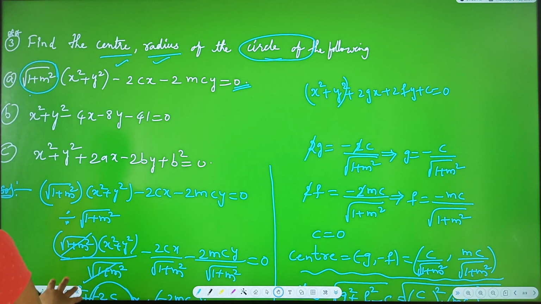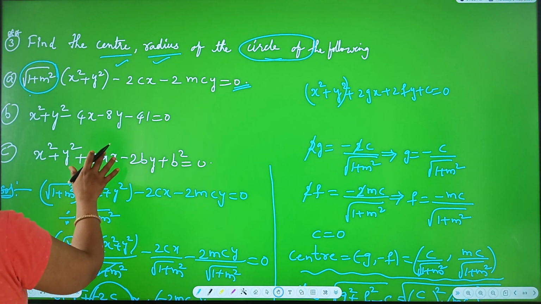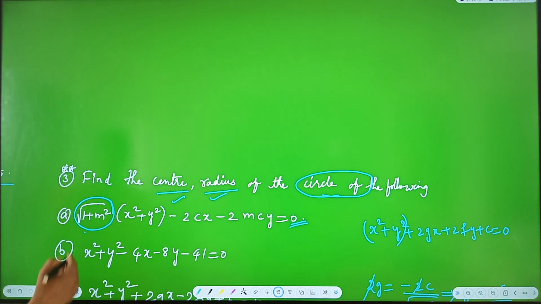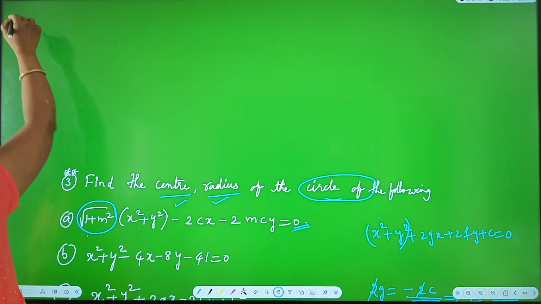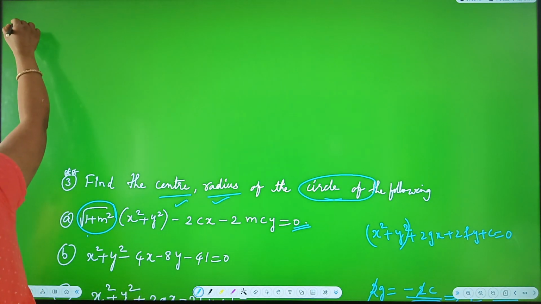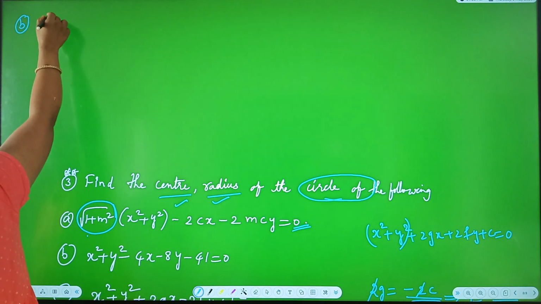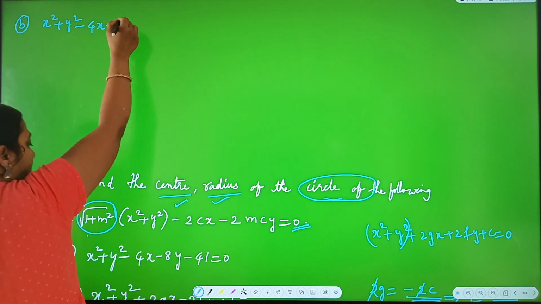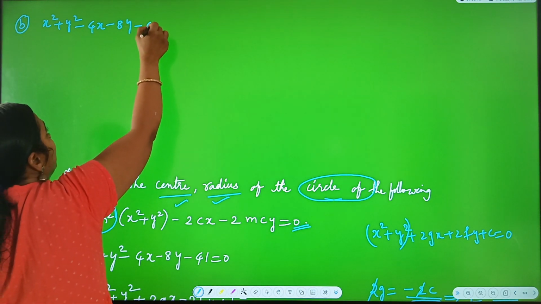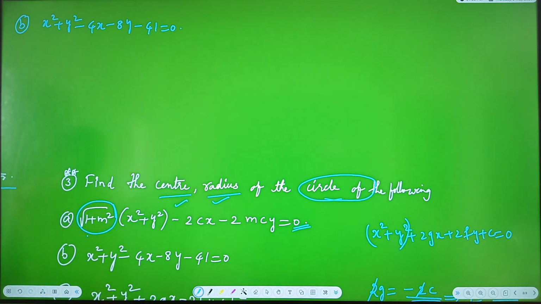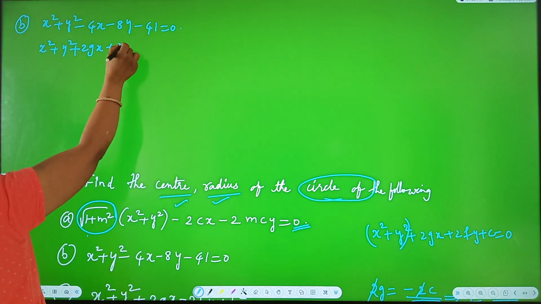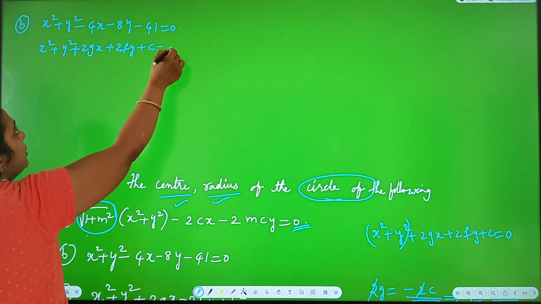What is the question here? The question is B: x square plus y square minus 4x minus 8y minus 41 equal to 0. See, it is compared with the general form x square plus y square plus 2gx plus 2fy plus c equal to 0.